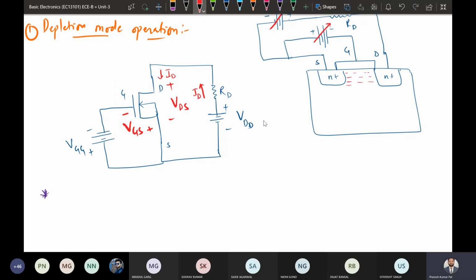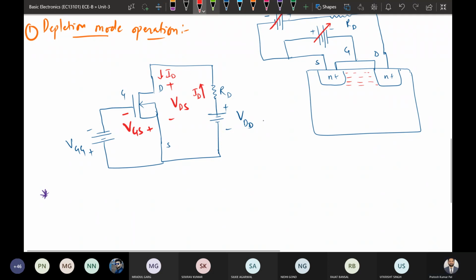In the channel we have majority electrons, so we need to repel them away from the channel so that fewer electrons are available, reducing the current in depletion mode. Our motive is to deplete the channel, so we are applying the negative gate to source voltage.